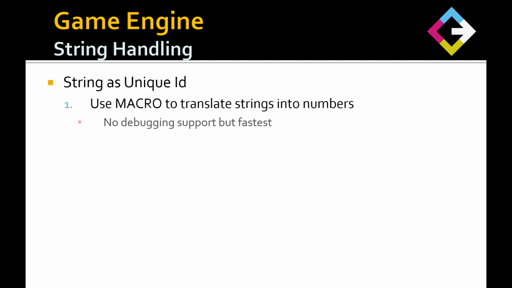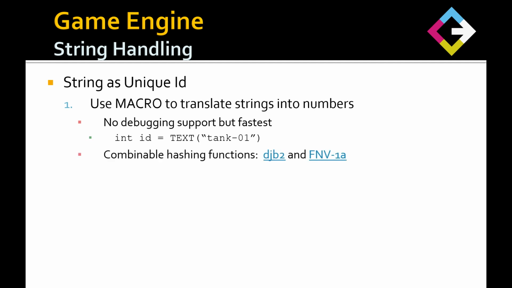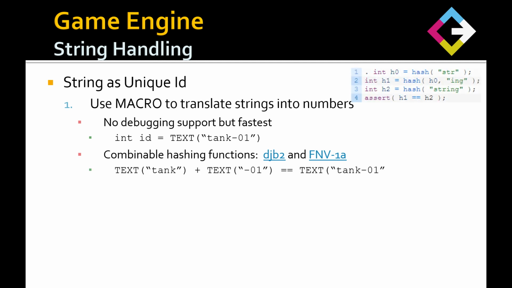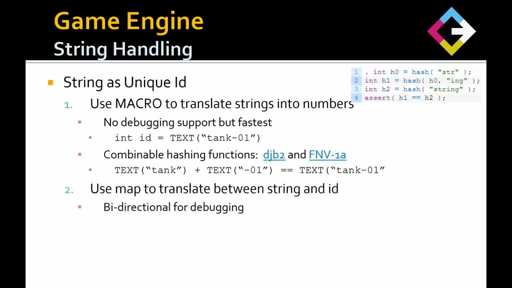First, you can use macros. So in the code, you can write a macro that will take care of translating that text, usually using some hashing functions. And note that there are even hashing functions that support concatenation, which is very handy. Second option is to use bidirectional maps for mapping between strings and IDs.